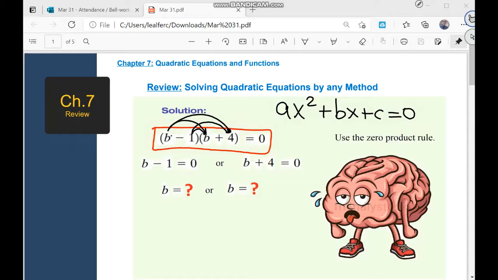But you need to work this out. You need to apply the distributive property, addition property, multiplication property, whatever, and then you're going to find this.